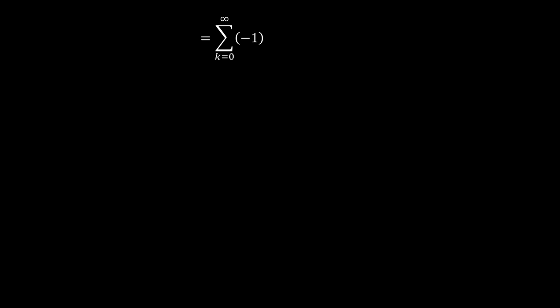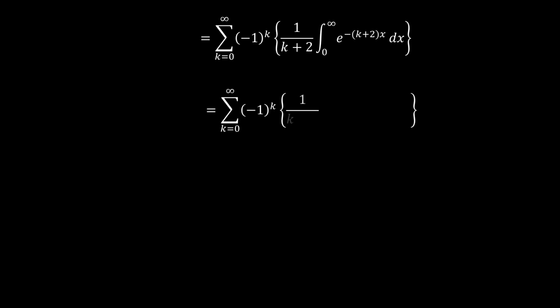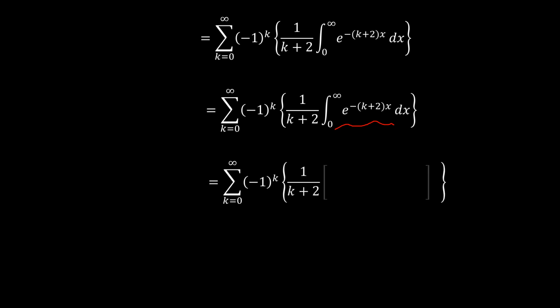So going forward, we do now have another k plus 2 that emanates from integrating this, and this is arrived at as follows. So we have negative 1 over k plus 2 times e to the power minus (k plus 2)x as the integral of this, and then the limits are shown here.